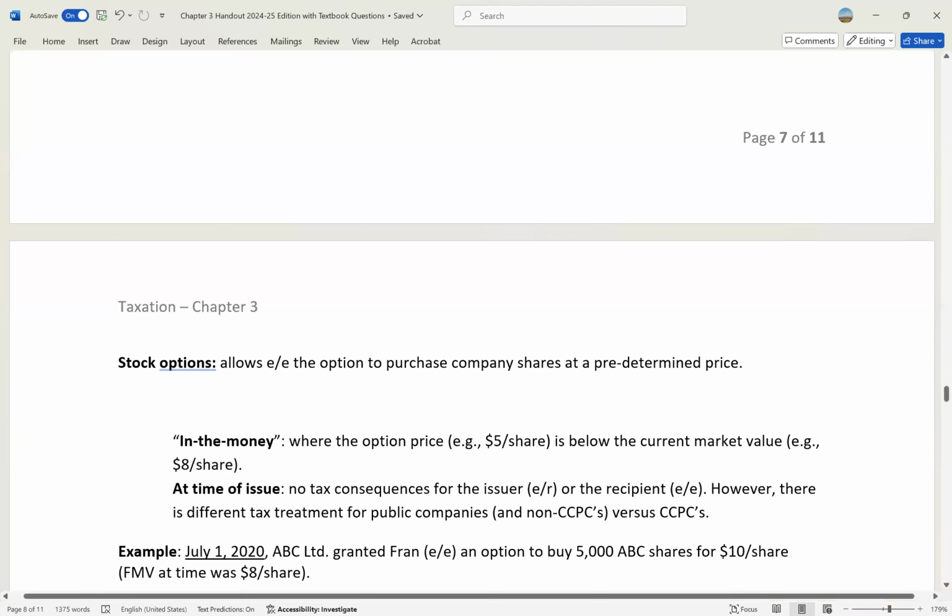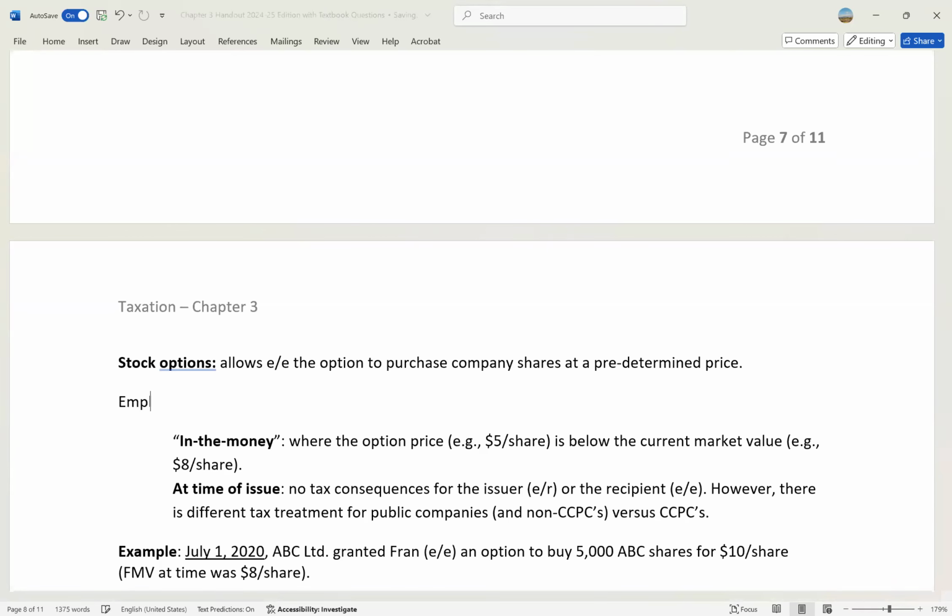There's a couple of reasons why stock options are used by employers and employees. The employer, ER, may issue stock options rather than pay cash bonuses in order to preserve cash.